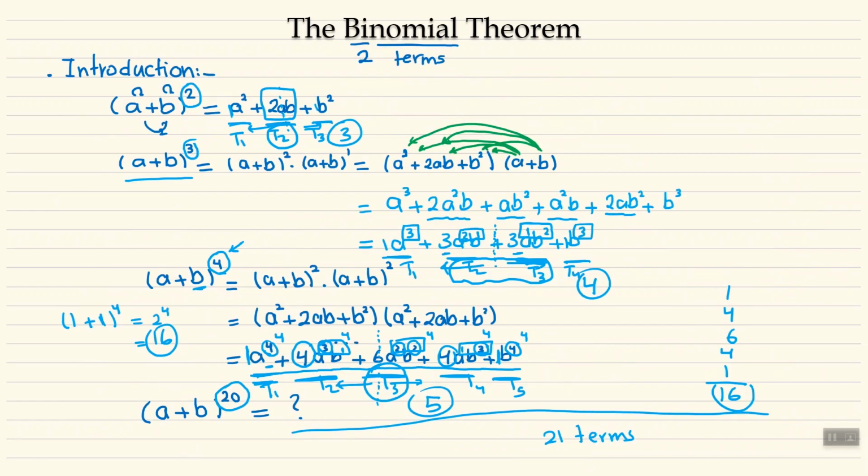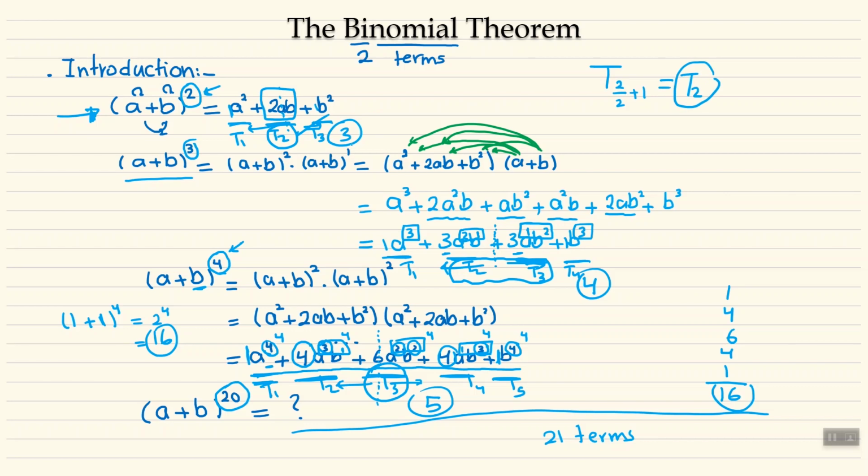Okay, for example, in this example, what was the power? The power is 2. So the middle term is going to be T of order power divided by 2 plus 1. What is 2 divided by 2? It is 1. 1 plus 1 is equal to 2. So T2 is going to be the middle term.